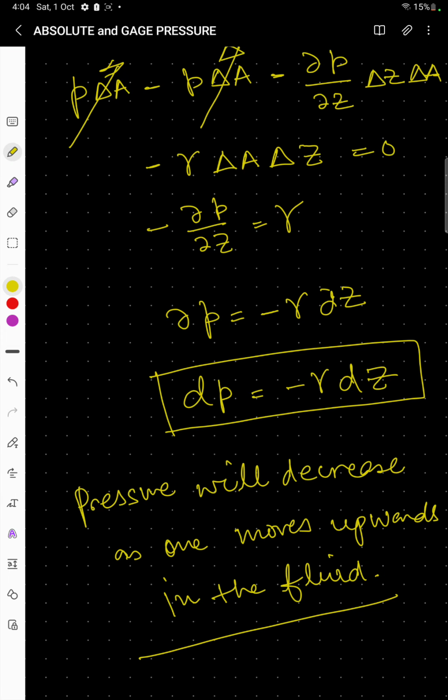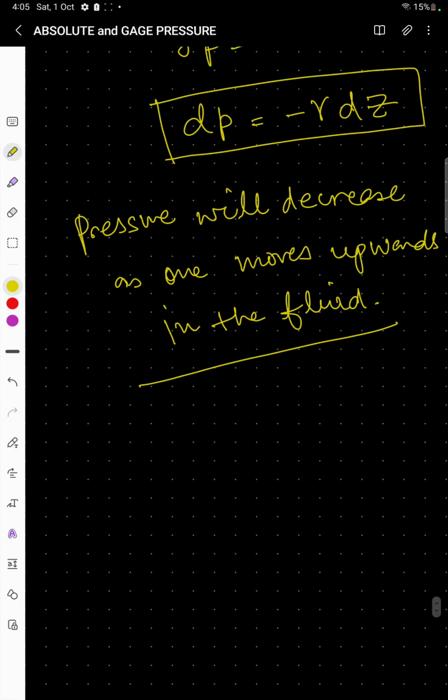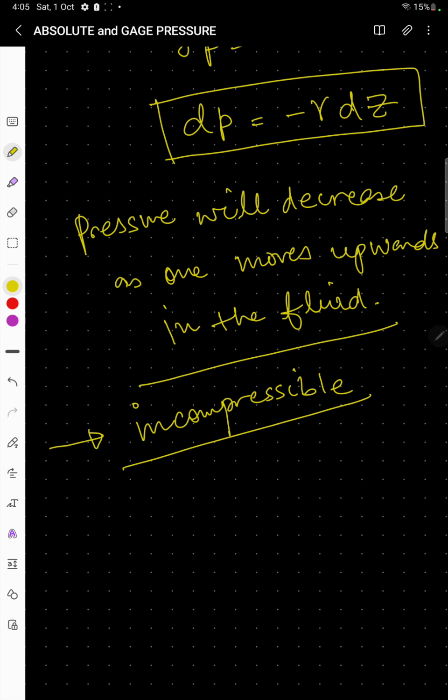Now there's one more important thing, what assumption is involved here. For this equation to hold, the liquid we are using has to be incompressible. Why are we saying this?